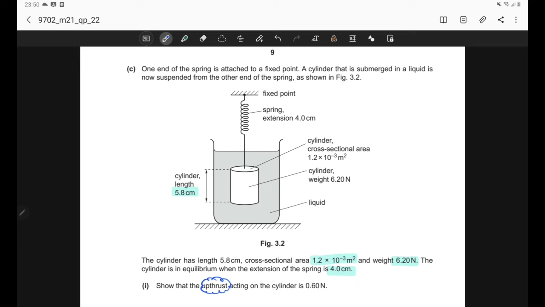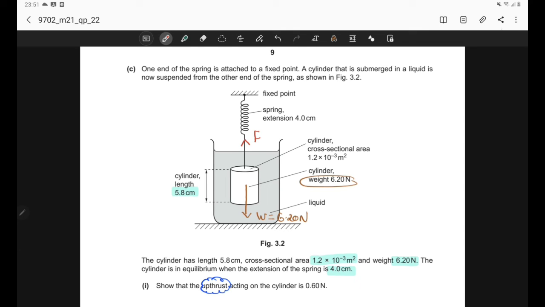So first of all, we can check what are the forces acting on the cylinder. There are 3 forces acting. One is the weight of the cylinder, that will be acting downwards. Weight of the cylinder is given 6.20 Newton already in the figure. And there will be a tension acting on the spring or the force on the spring, that is tension.